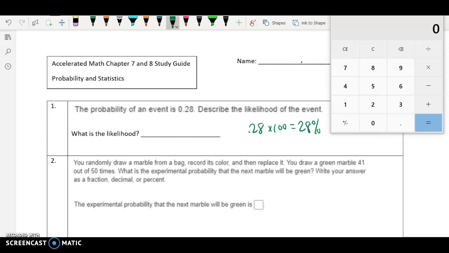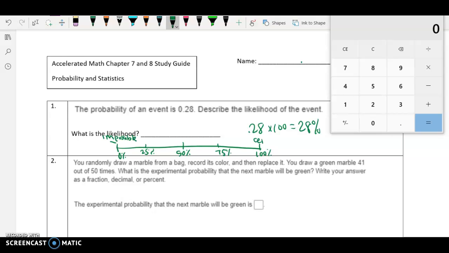And remember, the likelihood is from 0% to 100%. And halfway is our 50%. And then we have our 25 and our 75. So this is impossible.